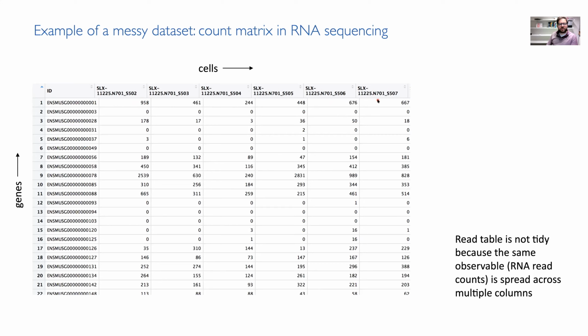And you can easily see that by having this format, we're not very flexible. If I now, for the same gene and for the same cell, make another measurement, what do I do? Where do I put that in this matrix? So we have to have a separate matrix, and I have to live with separate matrices in parallel. So this data set is not tidy, and I cannot easily perform parallelized operations on this data table.